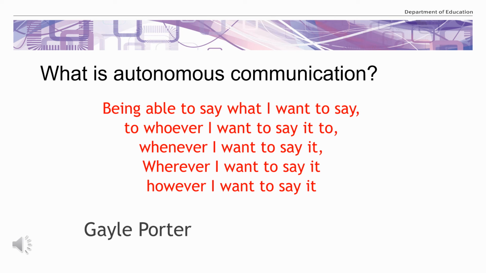We acknowledge that autonomous communication does not have to be sophisticated or complex language. We would rather a student could point to stop, rather than expect them to communicate, I don't want to do this activity anymore. We can carefully select the words we choose to prioritise while considering the functions of communication and the challenge discussed earlier.